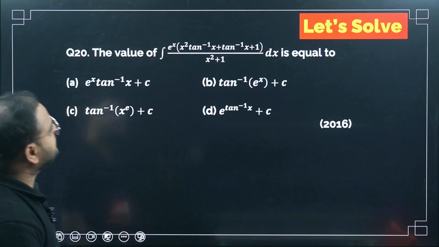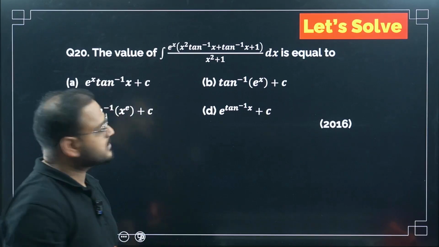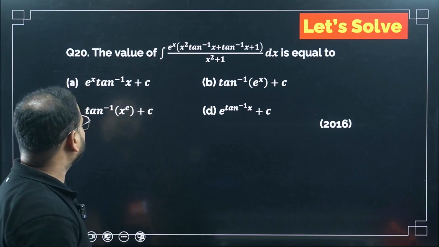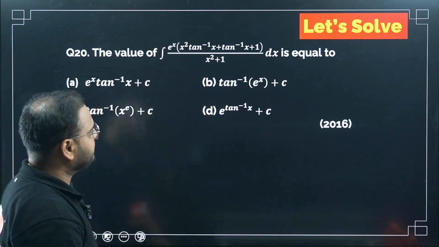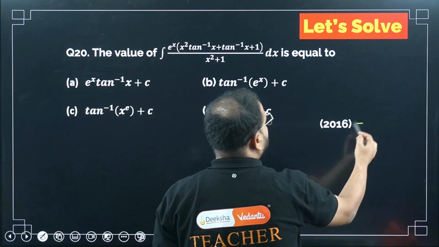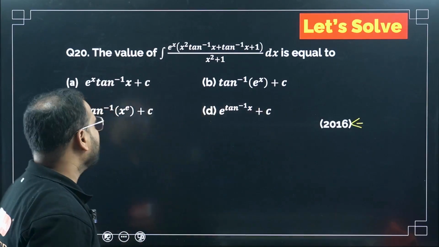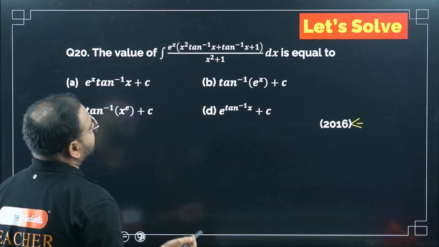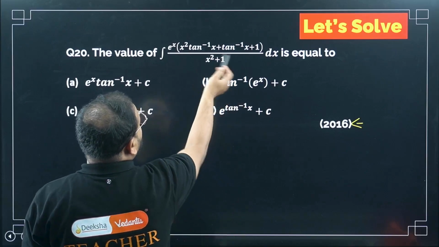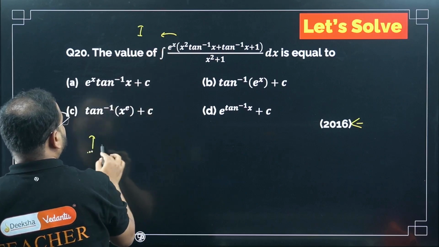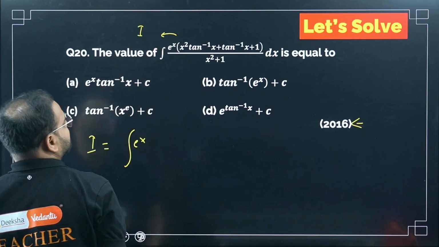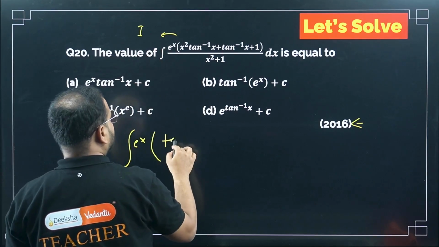Value of this. Okay, let's see this. Whenever you see e power x multiplied, try to figure out that property that we used. They gave this question again in 2016. The same property has been repeated every year. So do one thing. First, I can take tan inverse common over here. Write this as my integration I equals e power x as it is, and I'll take tan inverse of x common.